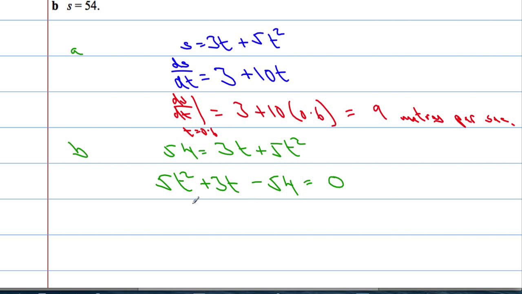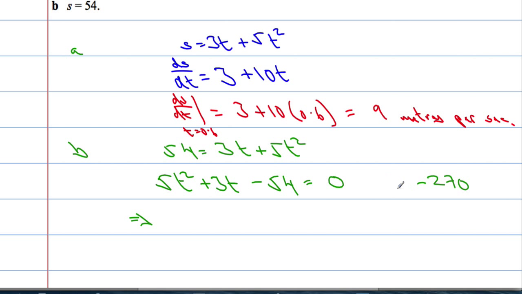So what we're going to have to do is factorize this. I was going to do a slightly shorter version of factorizing, but in fact, let's do it the long way just to make sure. 5 times negative 54 is negative 270.